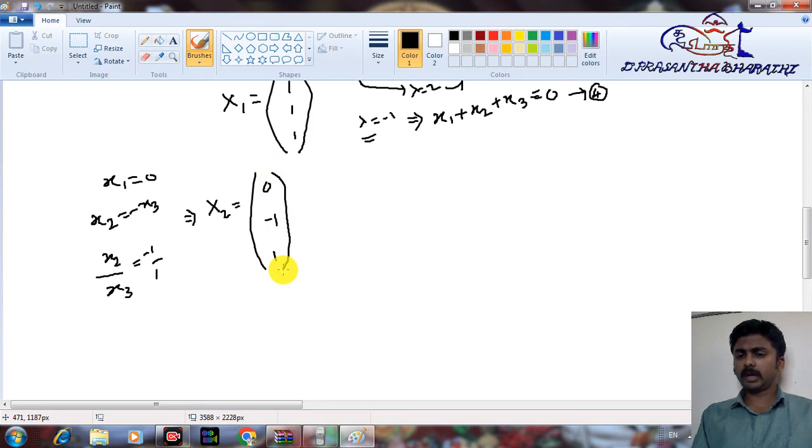So now we are having x1 and x2. So how to find x3? x3 should be found by using pairwise orthogonal transformation.